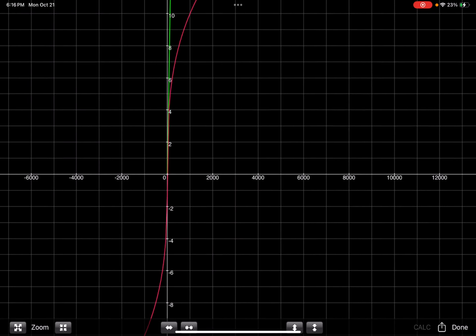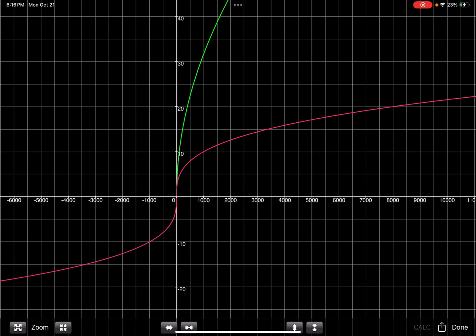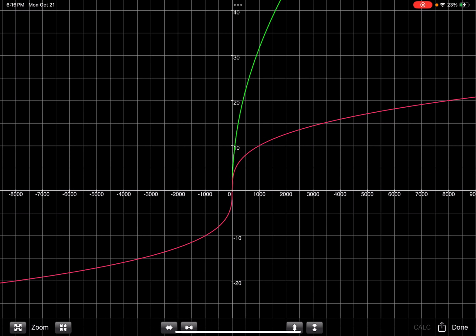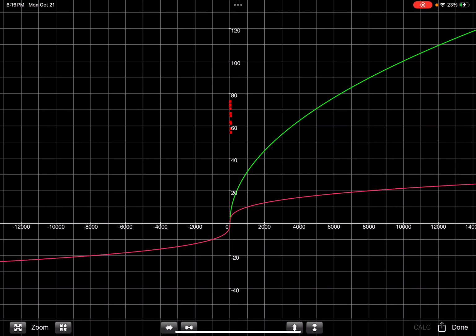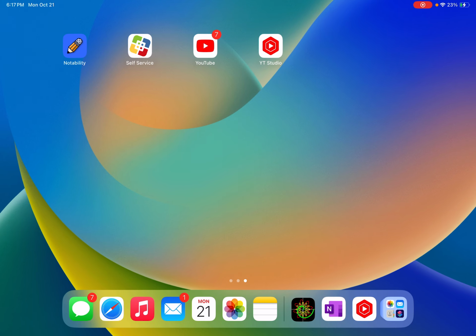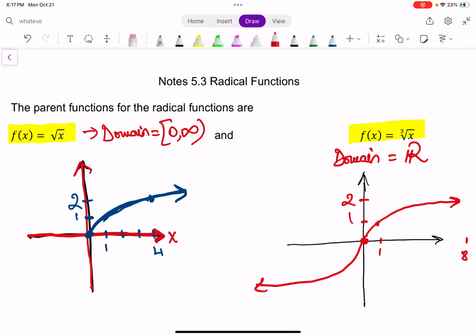So here it is. The point is, the cube root function goes all the way left and right, negative infinity to positive infinity, but the square root function only exists on the positive side of the x-axis. Of course, we're going to use our graphing calculators quite a bit.